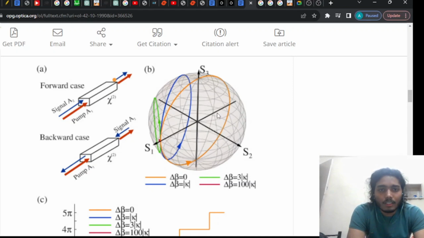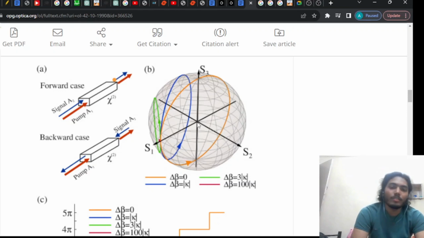Here we can see that this has the maximum solid angle at the center. Maybe this is making a 2 pi solid angle at the center. So in phase match, its geometric phase is pi because it is just half of the solid angle.